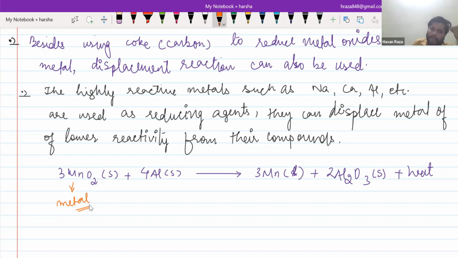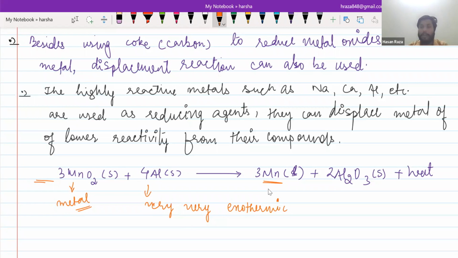So basically this reaction is very exothermic. Do you know what is exothermic? You have studied this exothermic reaction or exothermic process in the first chapter. The reaction or the process which evolves heat is called exothermic. And this reaction is so exothermic that this metal is in liquid, molten state. And this reaction is used to join railway tracks and also machinery parts.